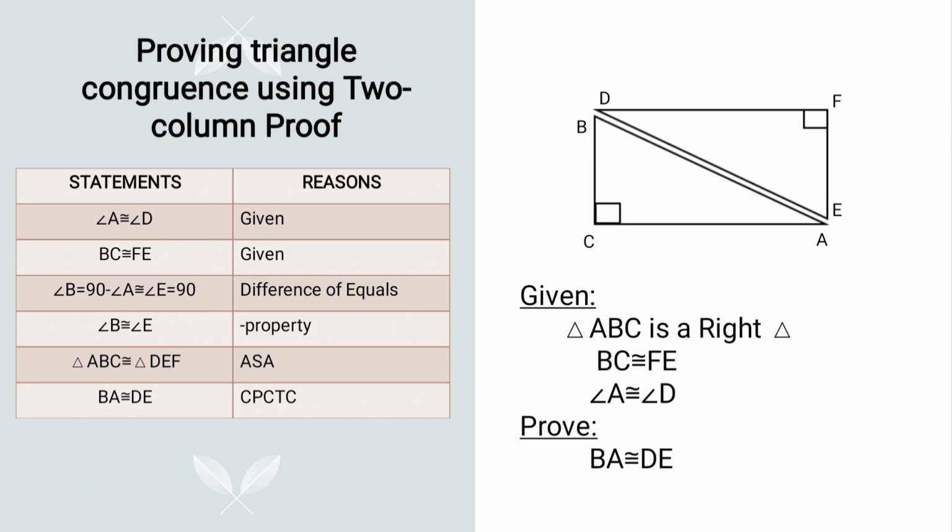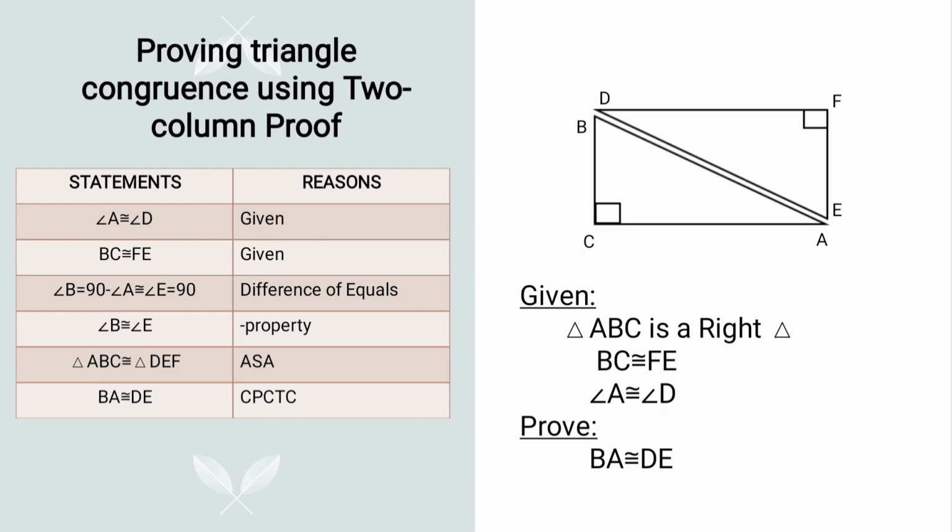The given is triangle ABC is a right triangle, this one, ABC, and BC is congruent to FA, and angle A is congruent to angle D. We need to prove that BA is congruent to DA. Our first statement is angle A is congruent to angle D. That's our given here. And BC is congruent to FA.